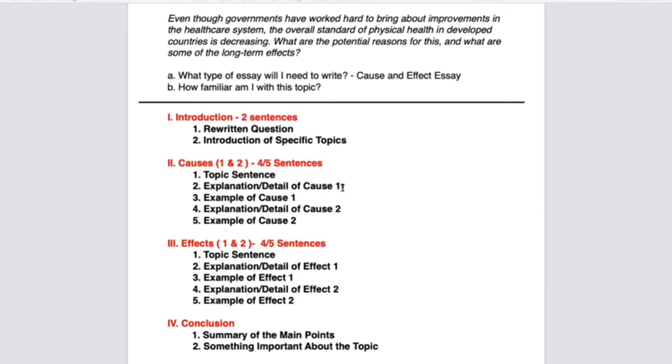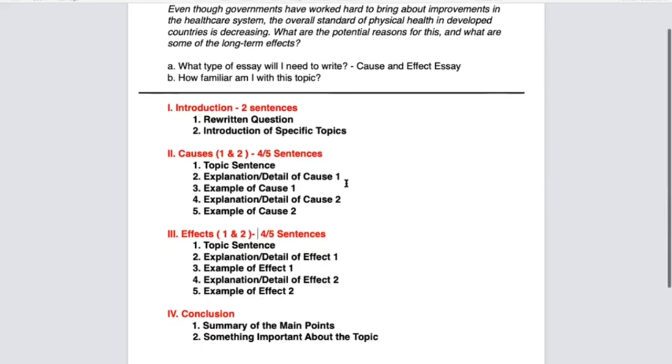And then you should have about 2 causes and 2 effects, okay? And you'll have an explanation or detail of the first cause with an example. Do the same thing for the second cause, and do the same thing for your effects. So this is quite standard, it's quite simple, but it keeps you on track and you know that you're answering the whole question. And lastly, you'll need a conclusion, all right?